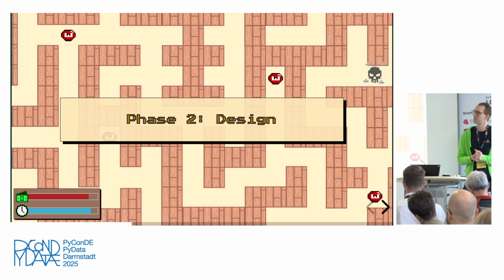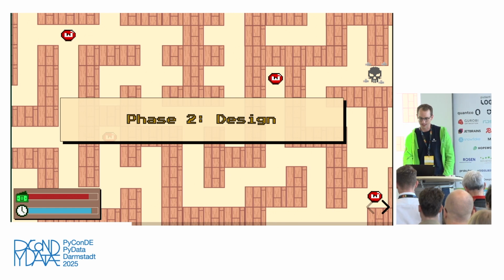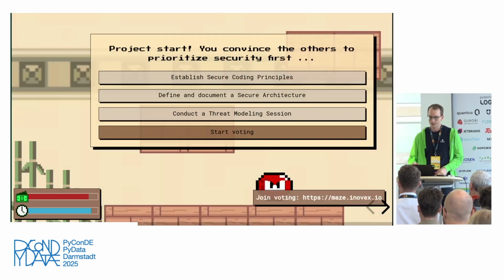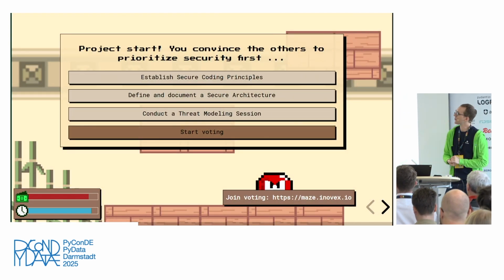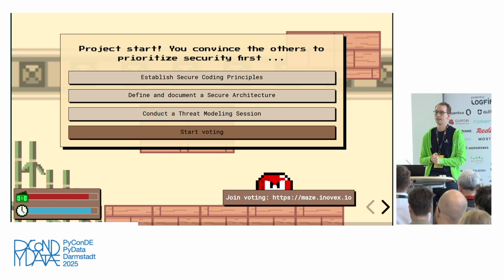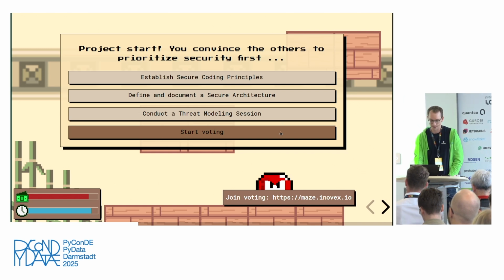Let's continue with the second phase, designing our actual product. In the beginning, you sit down together with your team, and they are already collecting some requirements, and you want to discuss with them what security should do in this phase. Do you want to establish some secure coding principles with your team?